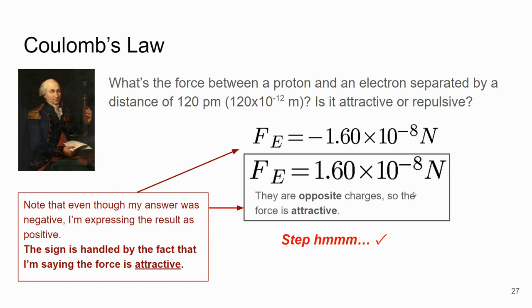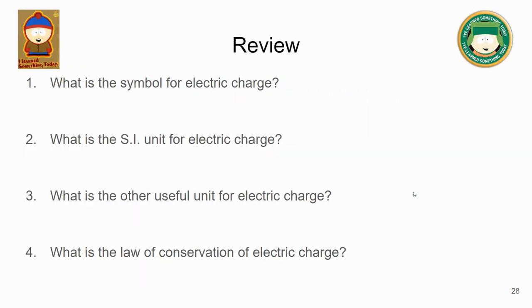To keep it straight, you need some kind of accounting principle to stick to. I say always go with the positive number for the magnitude of the force and keep the direction, attractive or repulsive, separate. So to review quickly, what is the symbol for electric charge? It's a Q, strangely.